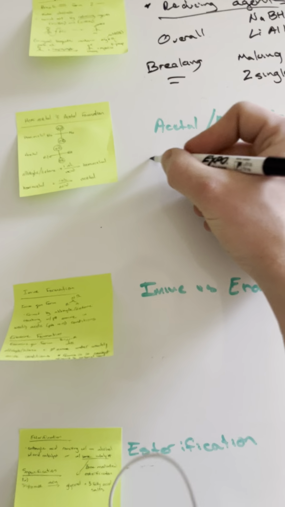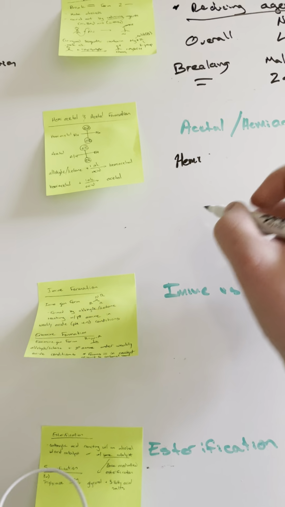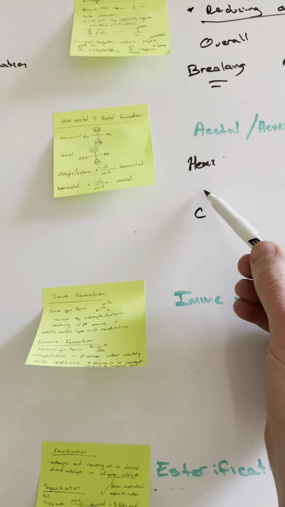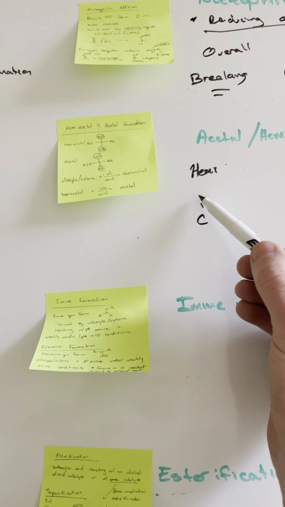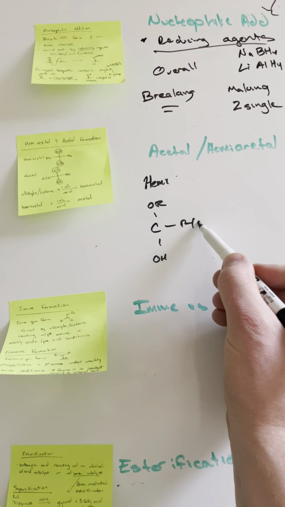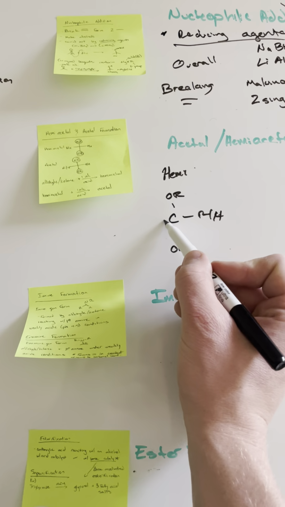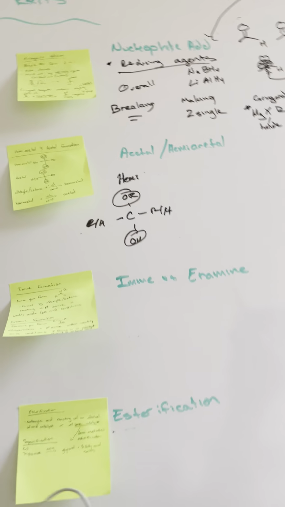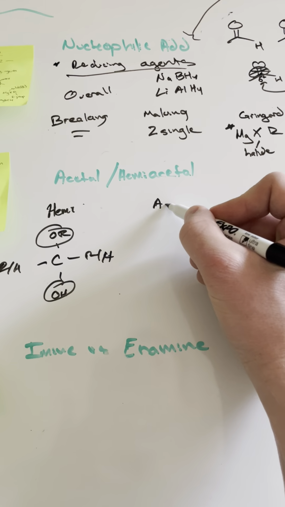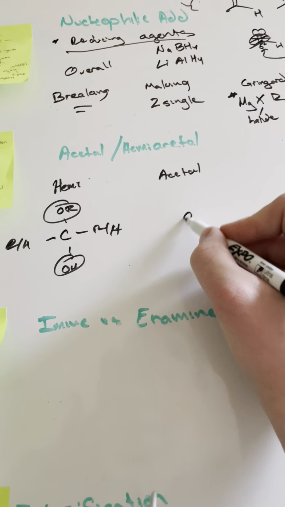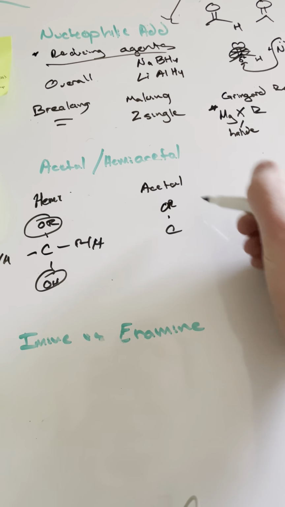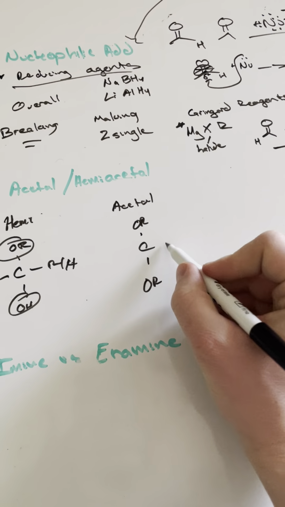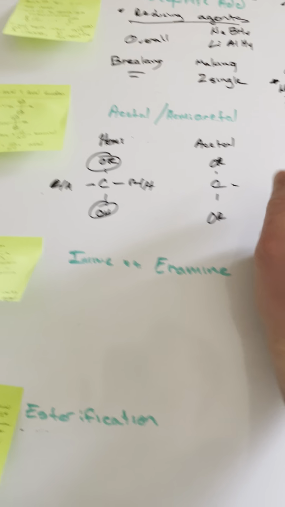And then we're going to do acetal. We'll start with hemiacetal. All that is going to be a carbon with an OR group and an OH group on it, and then it's either going to be an R group or a hydrogen on the other two. And that's important because then we have an acetal, which is going to have that same carbon, and it's going to have one OR group and then another OR group instead of that hydroxyl group.